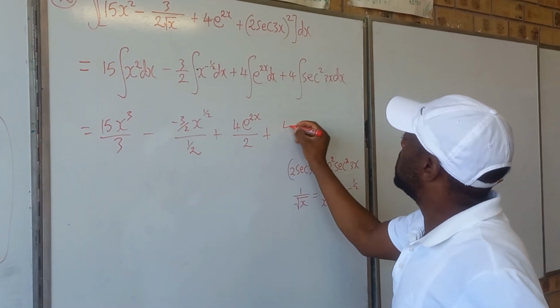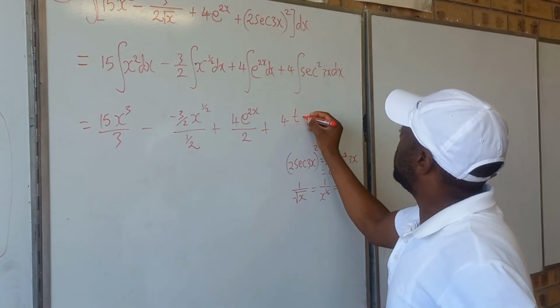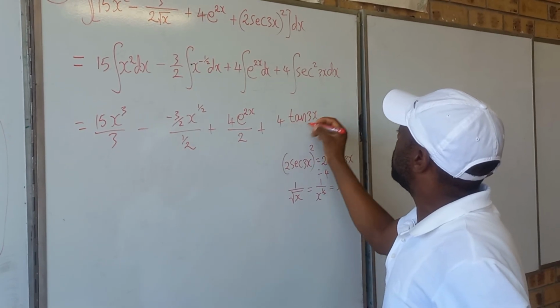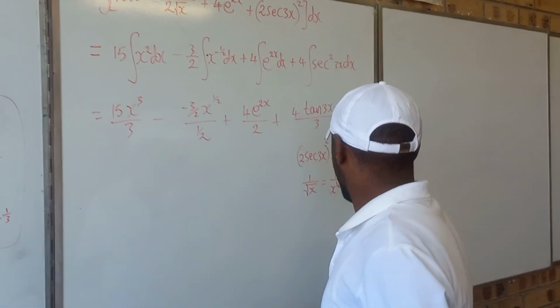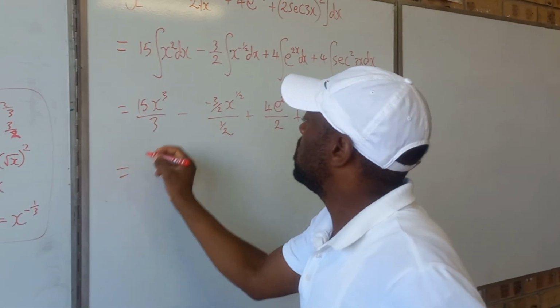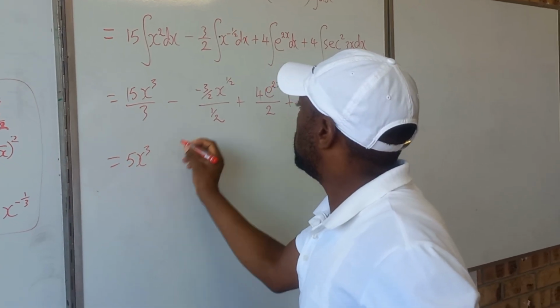Then the last one is formula 27, our k is 3, where we get tan kx, that's tan 3x over 3 plus c.